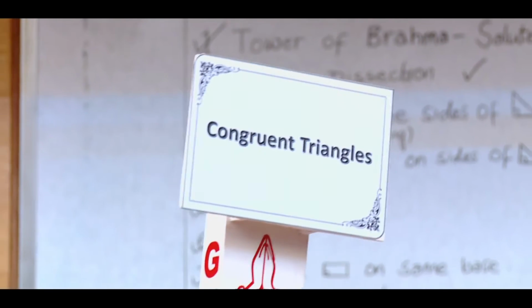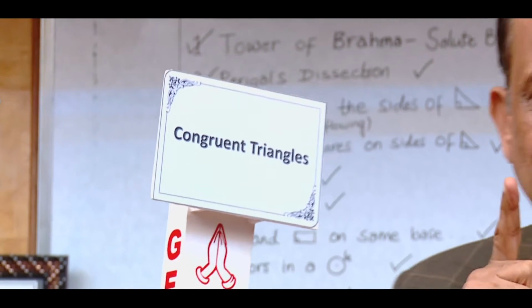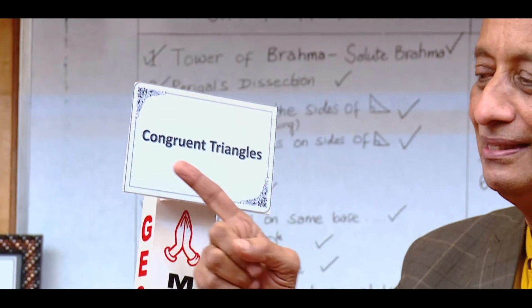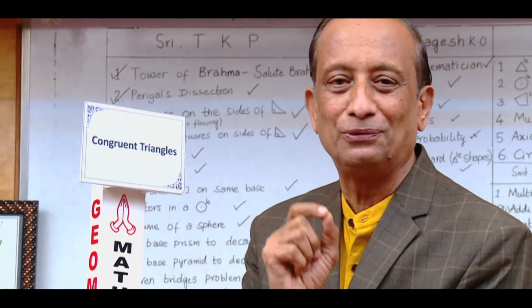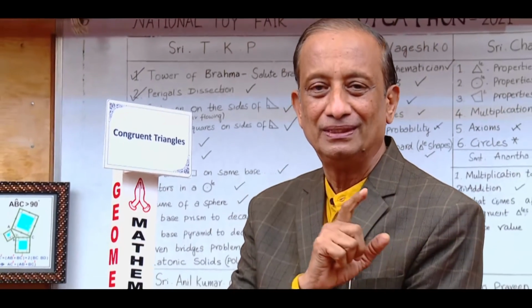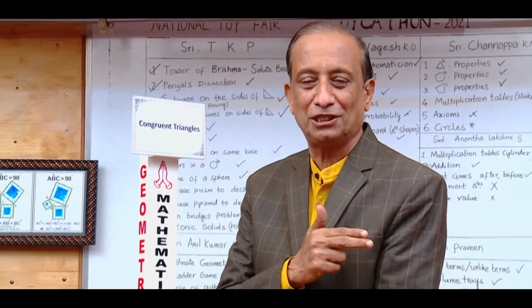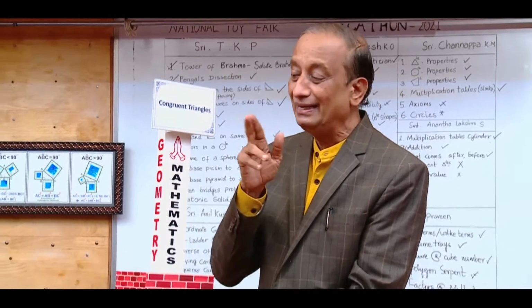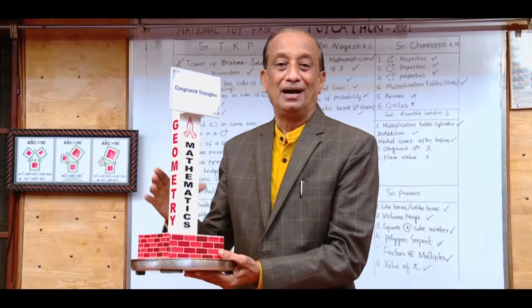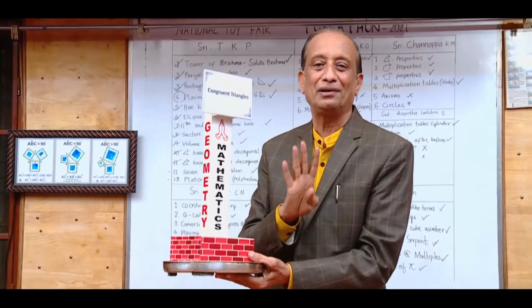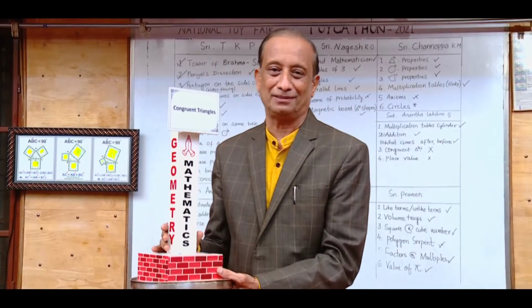The main objective of this chapter is the concept of congruent triangles, Sarva Sama Tribhujagalu, then its applications and the inequalities in triangles also. Four sessions are allotted for this chapter.